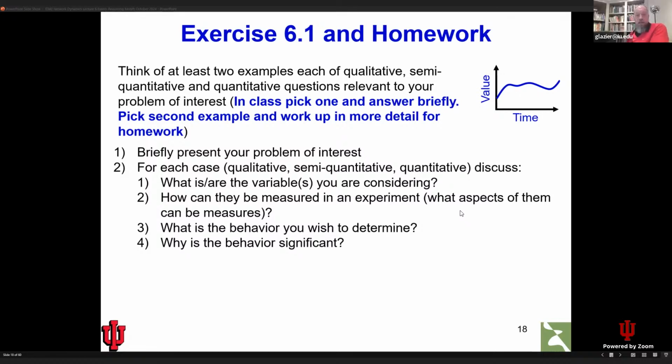So frequencies usually we can measure, not always, but often. But amplitudes are hard. So if you say how much P53 is there as a function of time, that's a hard one. Because generally, how would we measure that? Well, we'd measure that with a fluorescent reporter, but we don't know how many.